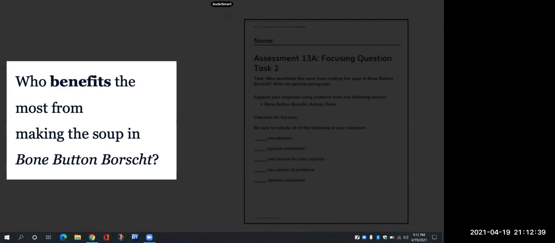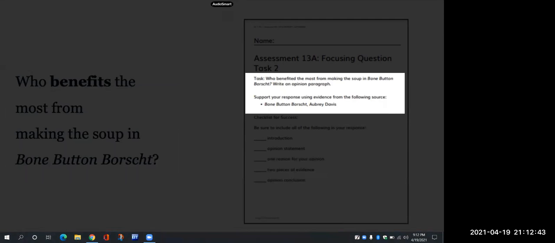This question is in our task prompt. Let's read the prompt together. Ready? Here we go. Who benefited the most from making the soup in Bone Button Borscht? Write an opinion paragraph. Support your response using evidence from the following source: Bone Button Borscht, Aubrey Davis.